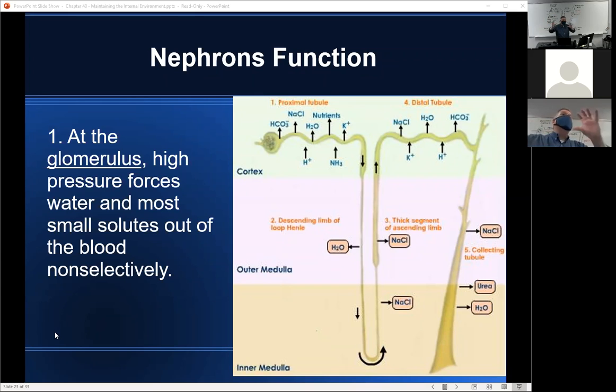So everything is being forced out non-selectively, whether it's something good that we want to keep in our bodies or something bad that we want to get rid of. Okay? So at the glomerulus, high pressure forces water and most small solutes out of the blood non-selectively, both good and bad, everything out.